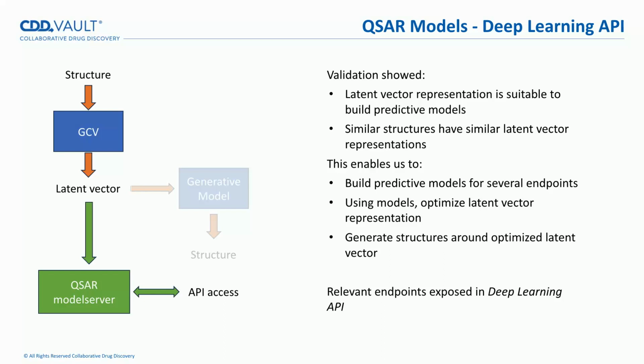And we were able to show that this gives us models which are, in general, as good as standard models. We work on incorporating multiple models, multiple assays that are part of a project, and then you could optimize your structures in that.